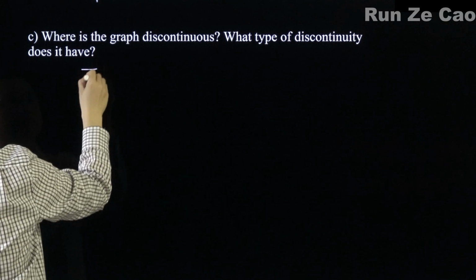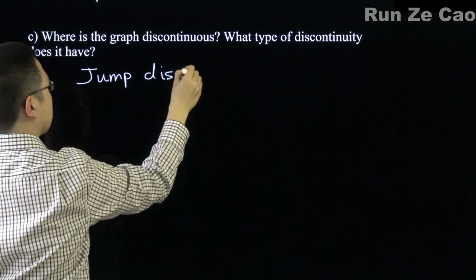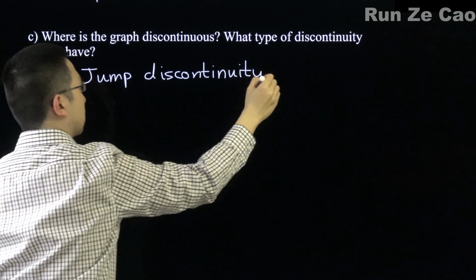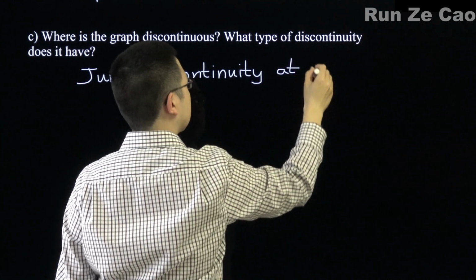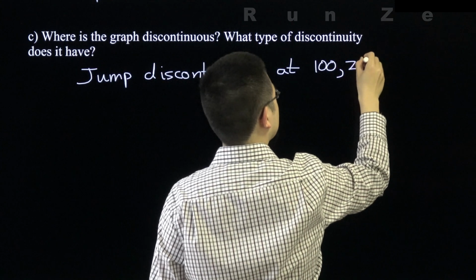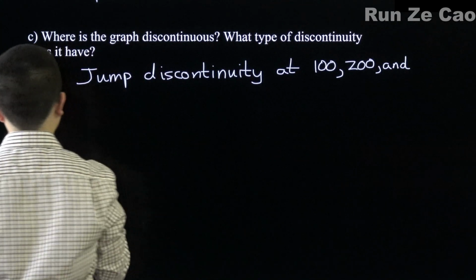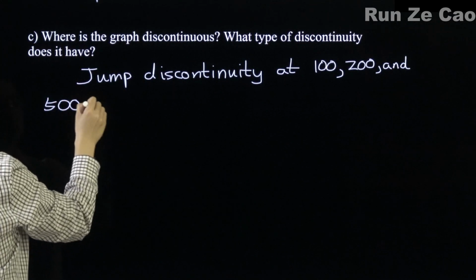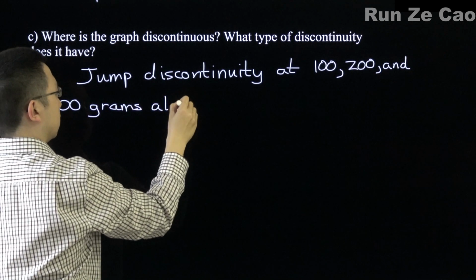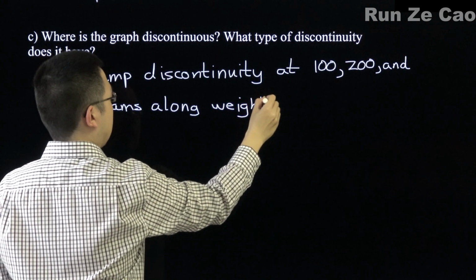We have jump discontinuity at 100, 200, and 500 grams along the weight axis.